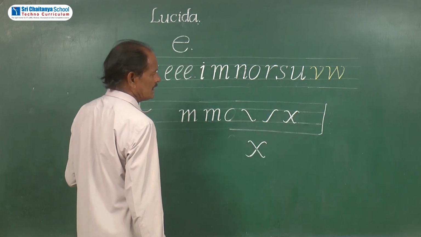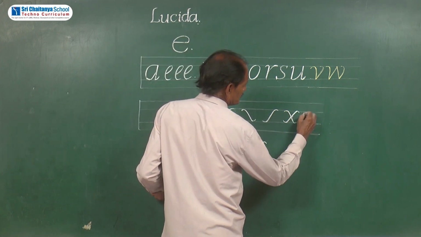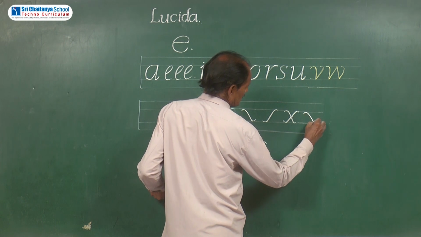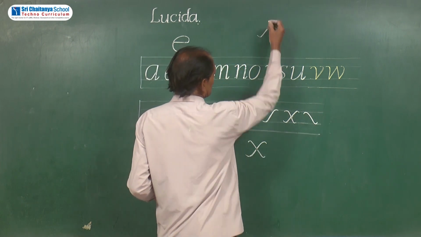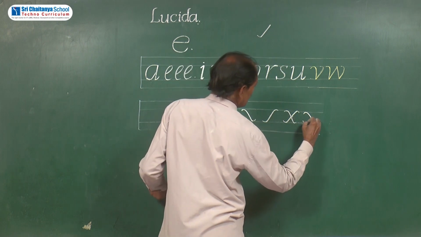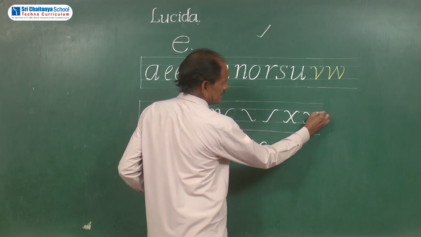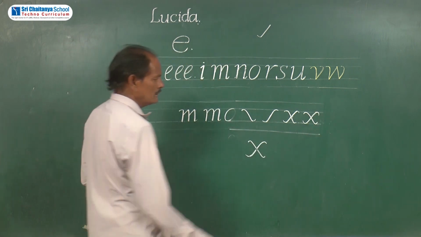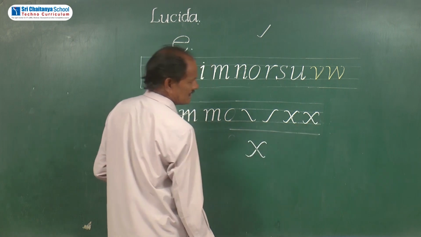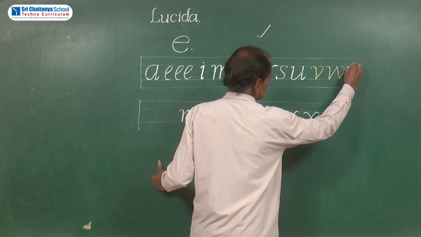This is X. If you are not able to write like this, you can do one thing. This is the first stroke, it is easy to write. The second stroke is a small tick, and take this slightly towards the down of this letter. Like this we can write X also. This is X.